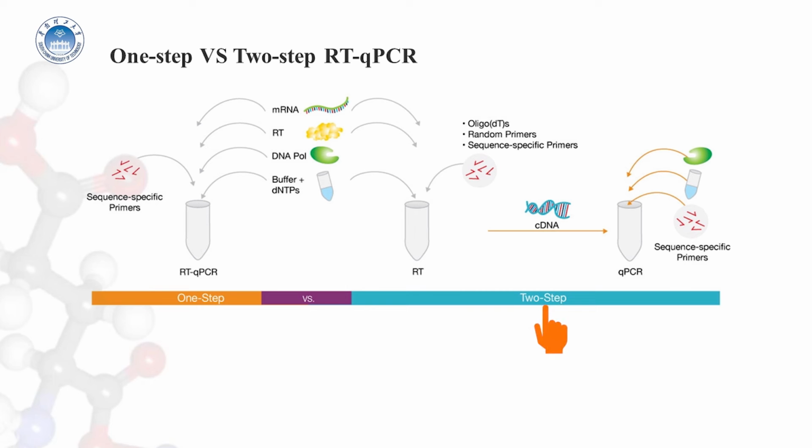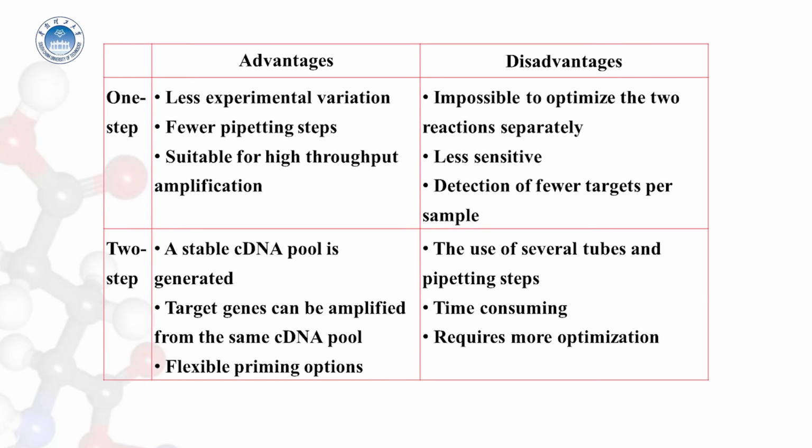In two-step assay, the reverse transcription and PCR steps are performed in separate tubes, with different optimized buffers, reaction conditions, and priming strategies. The table is the list of advantages and disadvantages when using one-step versus two-step assays in RT-PCR.